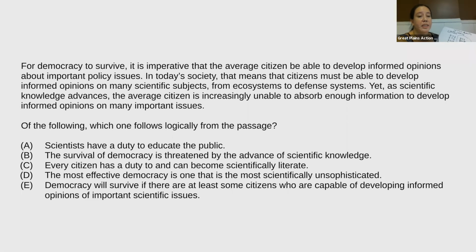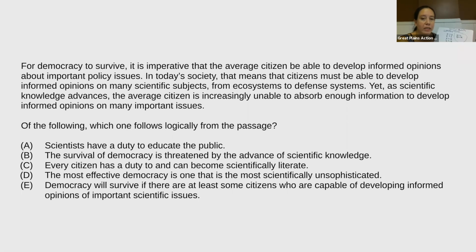A, scientists have a duty to educate the public. I mean, maybe, but that's a whole other thing. That's bringing in new information. Remember, with a valid argument, where something follows logically, you're not getting any new information. It's just a rearrangement of the parts. So if they're bringing in new information, you can rule out that option.